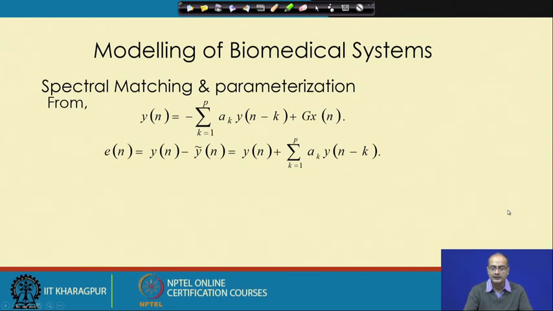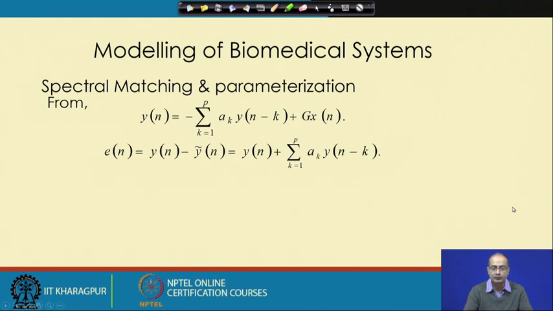The next one is the analysis model, where we are trying to extract the model parameters, because we do not know the driving sequence and the coefficients, that is the a_k's.